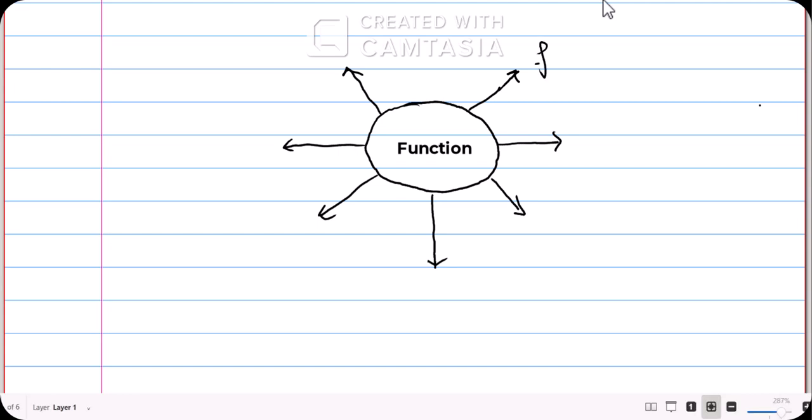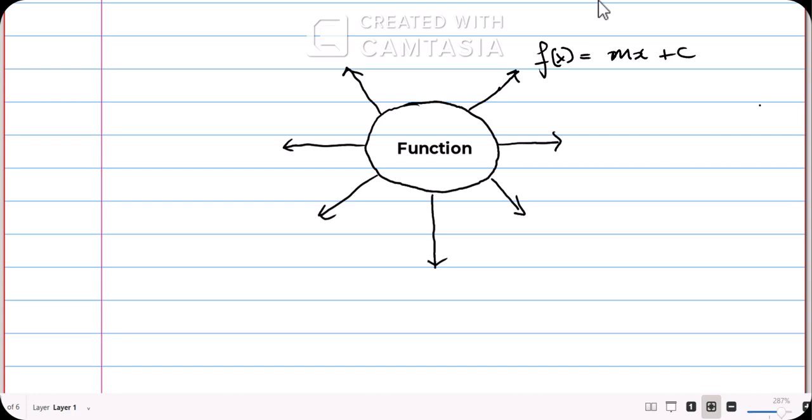So we can say f of x is equal to x. Let me write the general formula for f of x. For the line function, it's mx plus c, where c is the constant, any real number.